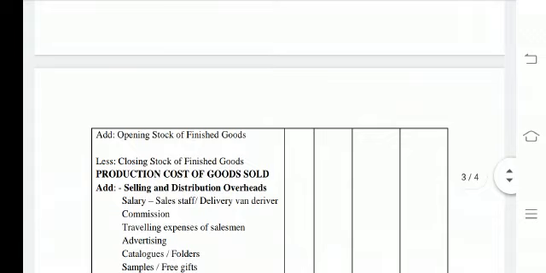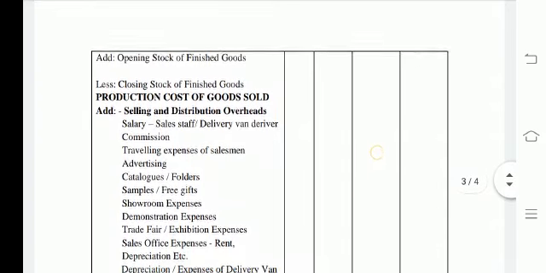For that, add opening stock of finished goods and deduct closing stock of finished goods, and finally you get the production cost of goods sold.